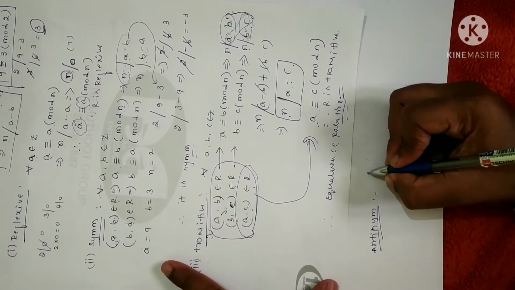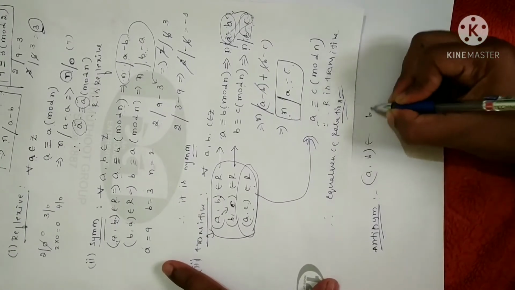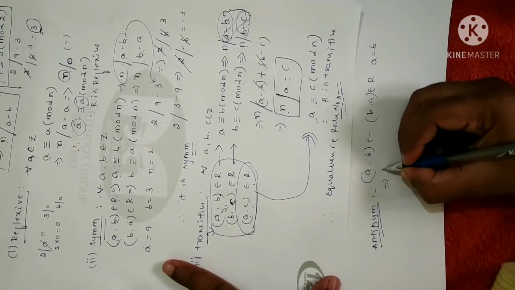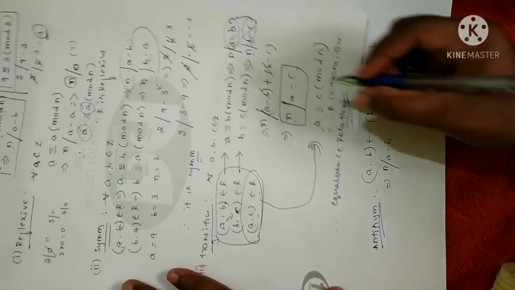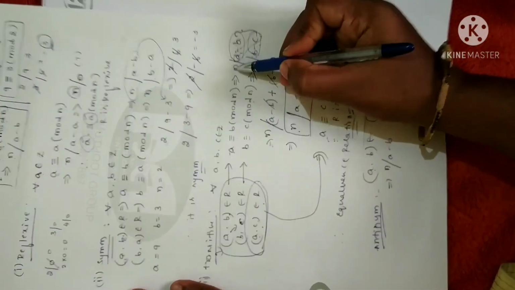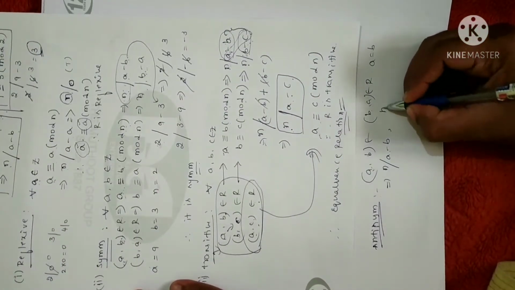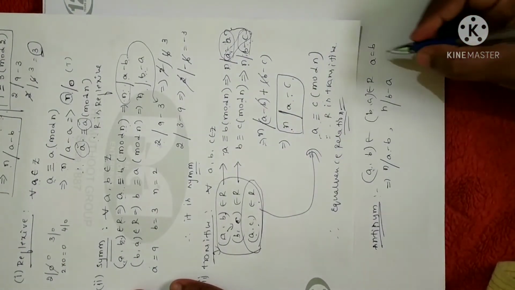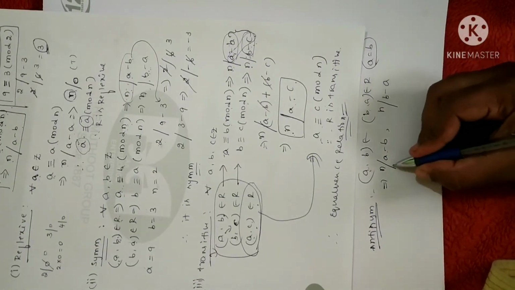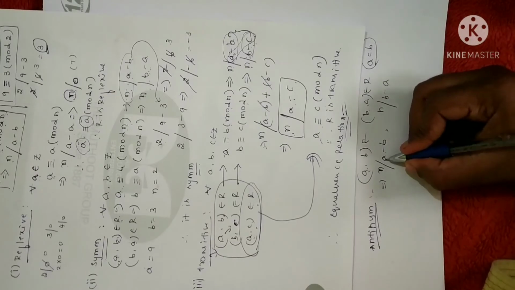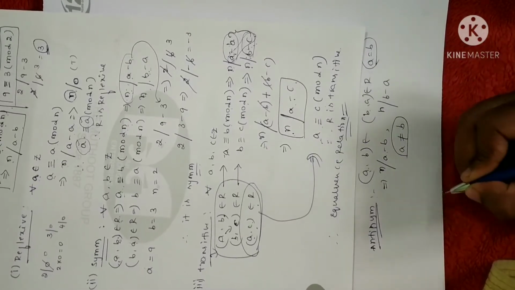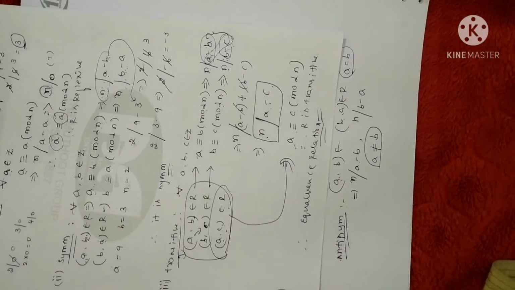As per the antisymmetric condition, when AB is in R and BA is in R, then A should be equal to B. The meaning is, AB in R means A is congruent to B mod n, so I can write n divides A minus B. Similarly, n divides B minus A. Now we have to prove A is equal to B. The simple logic is that n dividing A minus B and B minus A need not mean A is equal to B. Why? Because let me give you a counter example.